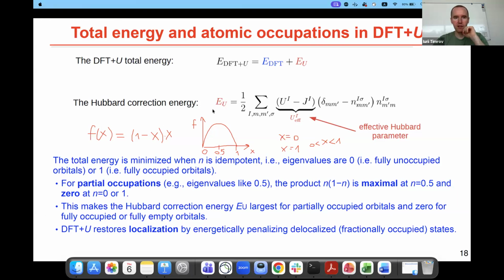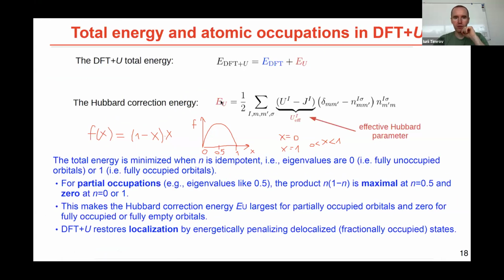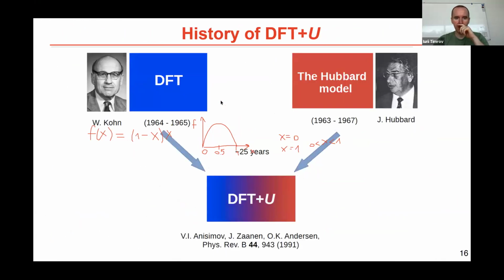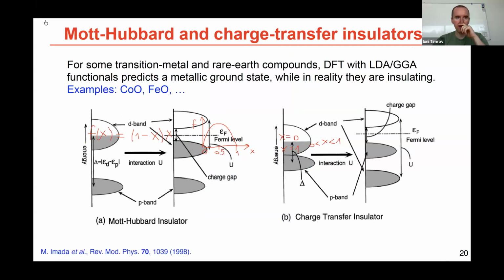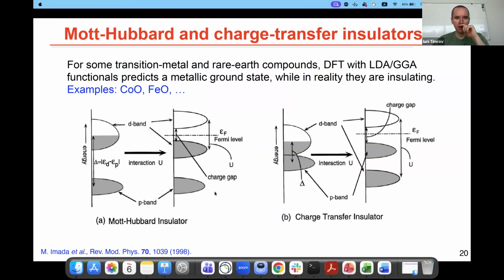So if you go back to this, sorry, let me remove the drawing. Remember this mod Hubbard and charge transfer. We have a metallic solution on the left, which means x is between 0 and 1. It's fractional, and we don't like that.